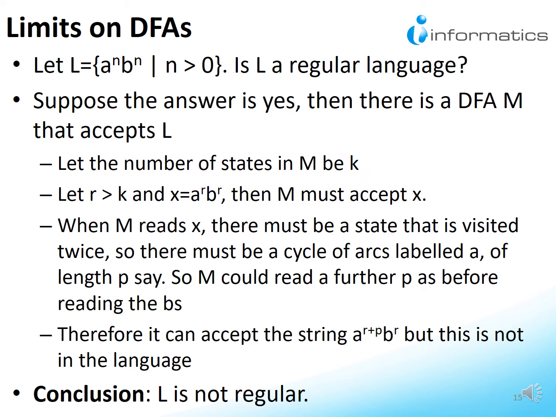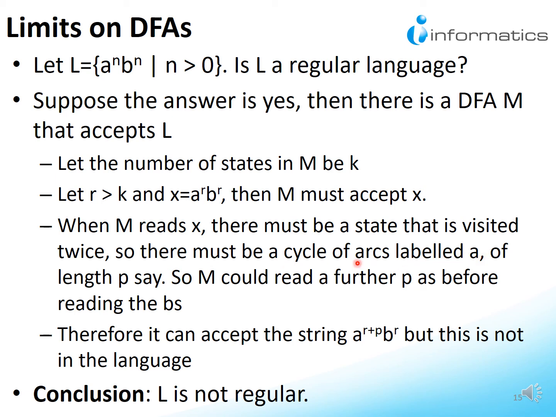Then we purposely feed this machine a string with a huge number of A, for example A^R B^R, where R is larger than K. Then this machine is executed. Because there are more A's than states, this machine must visit some state twice, and therefore form a cycle of some number of A's.